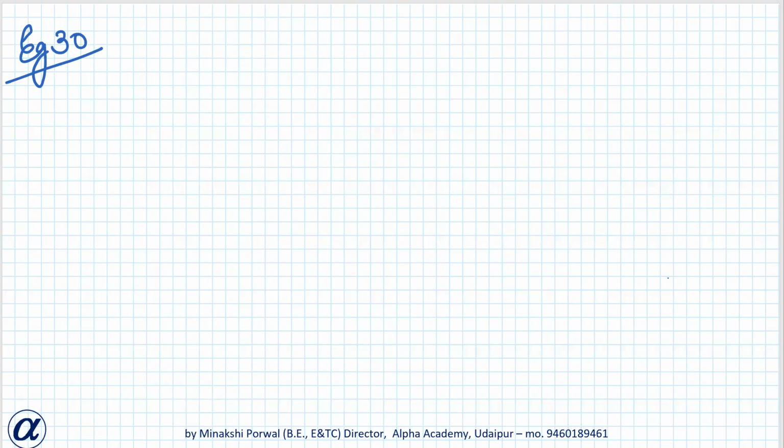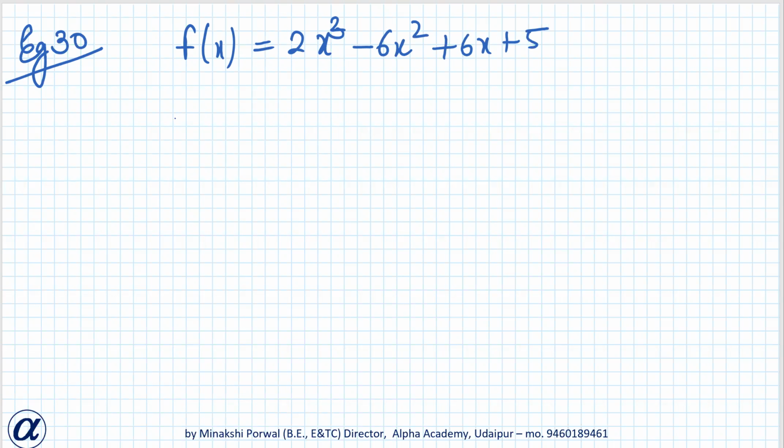Find all the points of local maxima and local minima of the function given by f x equals to 2x cube minus 6x square plus 6x plus 5. So the first step we are doing by the first derivative test only. First we are differentiating it: 6x square minus 12x plus 6.